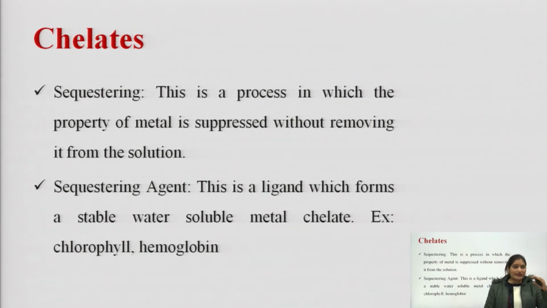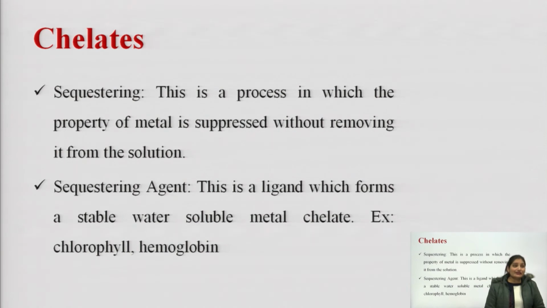Next is sequestering agent, the agents or the ligands which suppress the property of metal ion, or the ligands which form stable water soluble metal chelate are known as sequestering agents. Examples of sequestering agents are chlorophyll, hemoglobin, EDTA. These all are examples of chelates or sequestering agents.